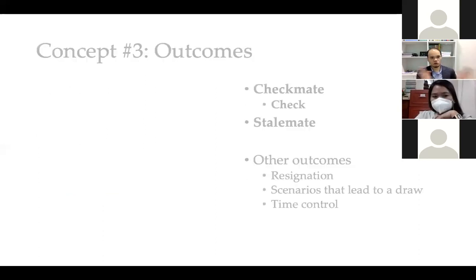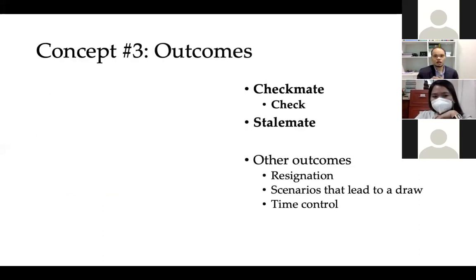Now we go to the third concept, okay, which is pertaining to outcomes. Okay, and in chess there are two basic outcomes. It's either checkmate or stalemate. Okay. Now the checkmate, the most important move or action that would lead to checkmate is the concept of a check.